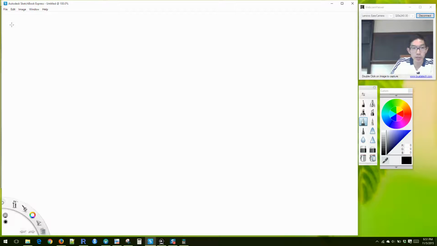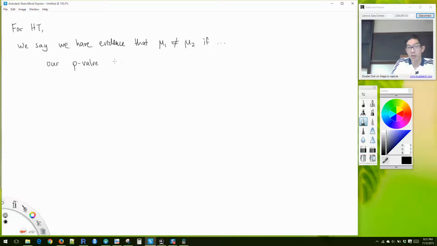Okay, so for a hypothesis test, we say we have evidence that mu1 does not equal mu2 if our p-value is less than alpha, right? Is that okay?